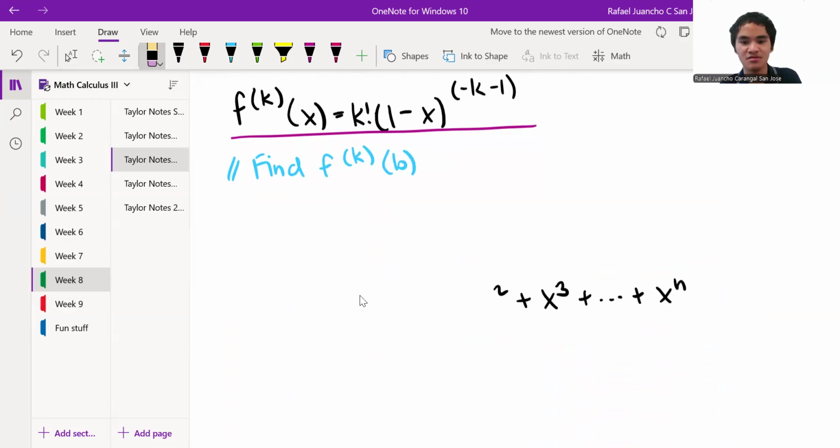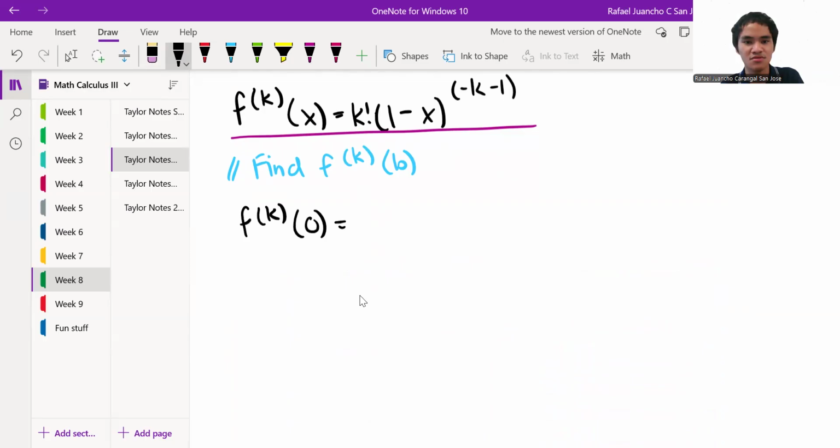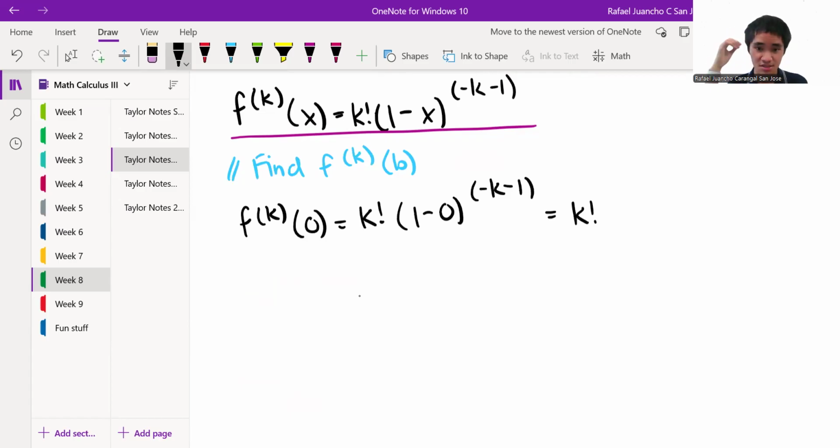And so that's going to be... So f of 0 is basically k factorial. This is k factorial, right? And then once we find that, once we find where we're based, now we want to start at k equals 0 and go from there.